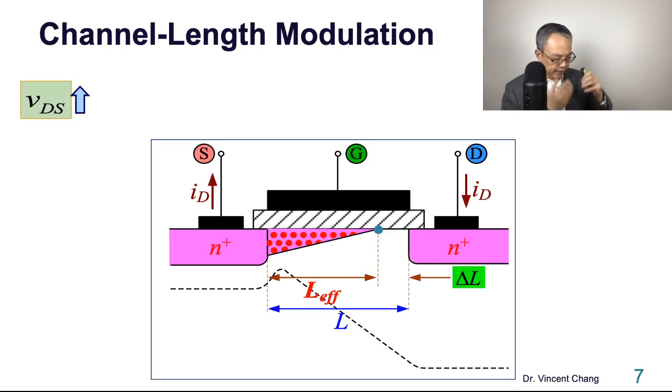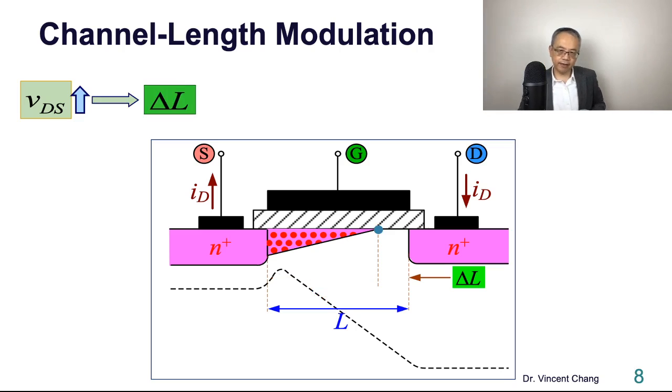Here comes the channel length modulation, the central point of this lecture. In the saturation region, if we keep pushing the VDS, what will happen? When VDS increases, you increase the drain voltage. The substrate is a P substrate, so at the N plus P junction, when you increase the drain voltage, you increase the cathode end voltage.